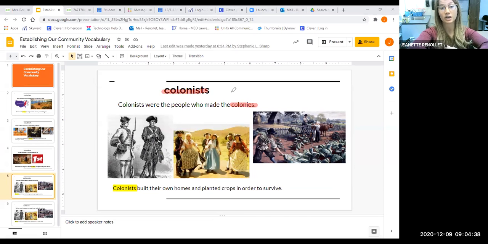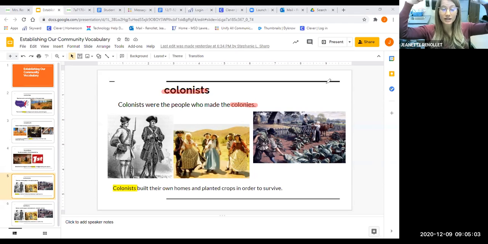Colonies is the name of the community. A colonist is a person. It's the people who were there. So the Pilgrims were some of the first people. After the Pilgrims, more and more immigrants moved to this land, and we call them colonists.